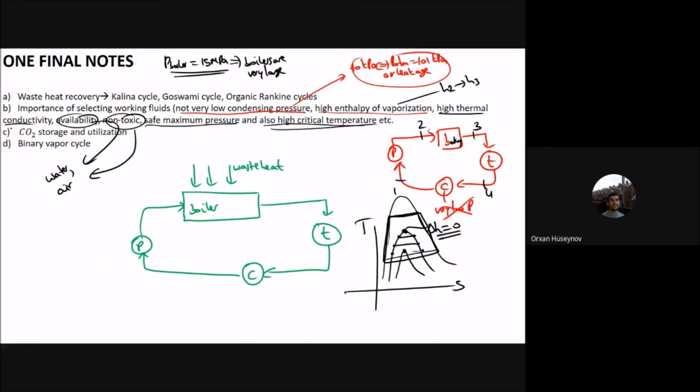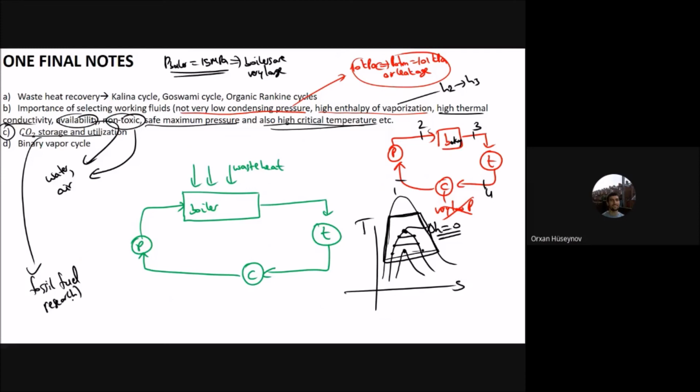There is also CO2 storage and utilization. This is also a result of fossil fuels, and we have lots of fossil fuel use from the Rankine cycle as well as from gas turbine cycles. This CO2 due to fossil fuels is a research topic.